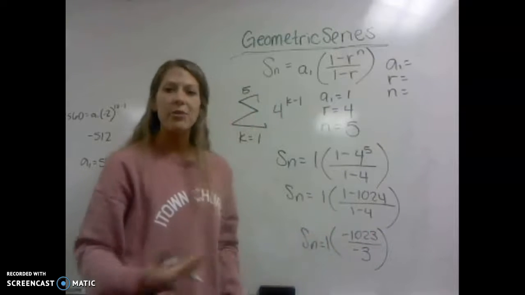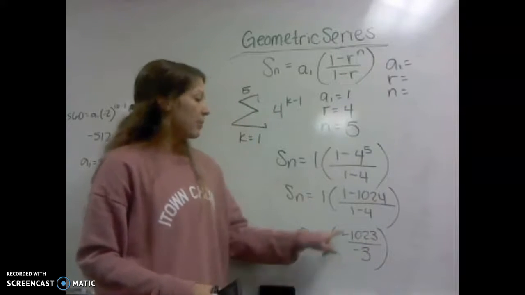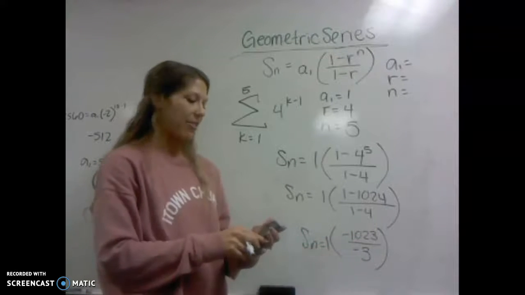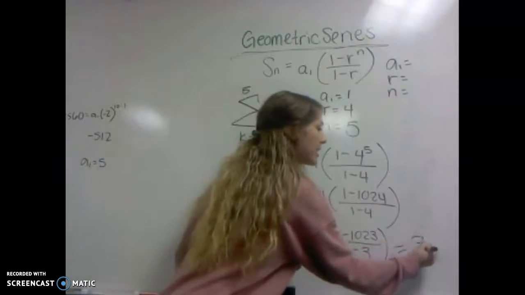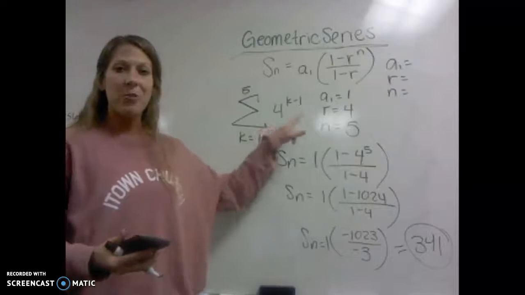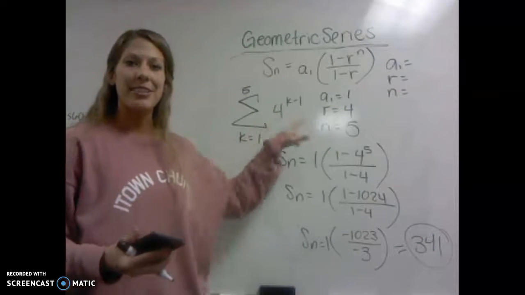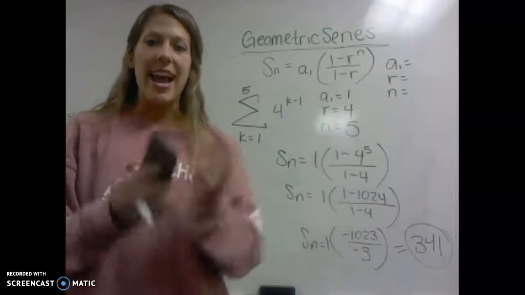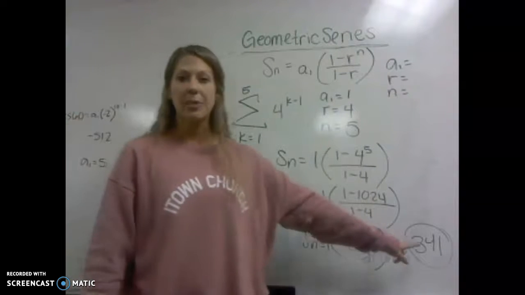It's just a 1, though, so it's not going to change our answer. When I take negative 1,023 divided by negative 3, the answer I get is positive 341. So if I plugged in 1, and then 2, 3, 4, 5, found all 5 of those answers, and then added them together, the answer would be 341.